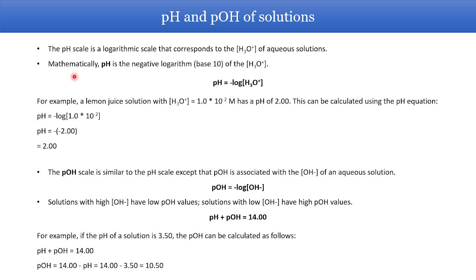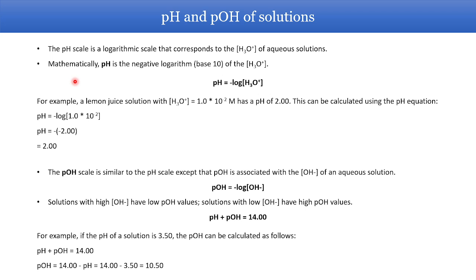In mathematical terms, it is the negative logarithm to the base 10 of the concentration of hydronium ions. For example, if we have a lemon juice that has the concentration of H3O plus ions to be 10 to the power minus 2 molar, that indicates that it has a pH of 2.